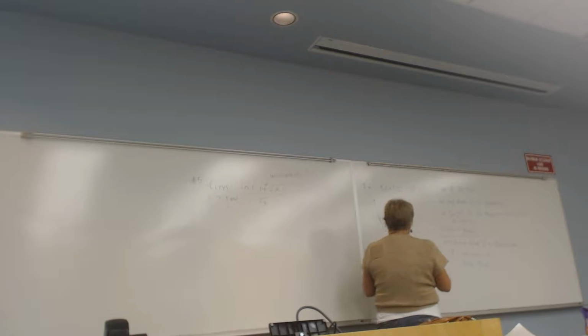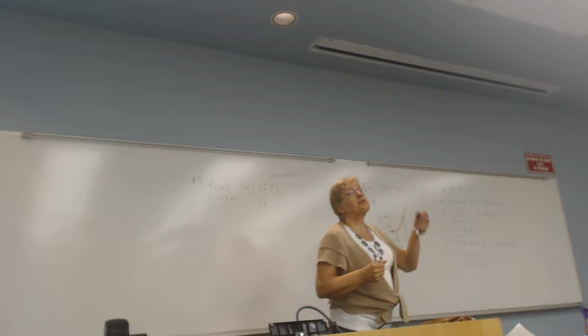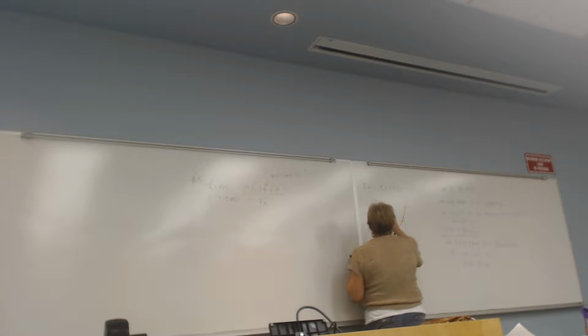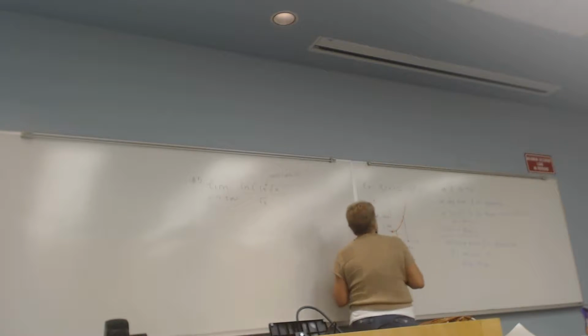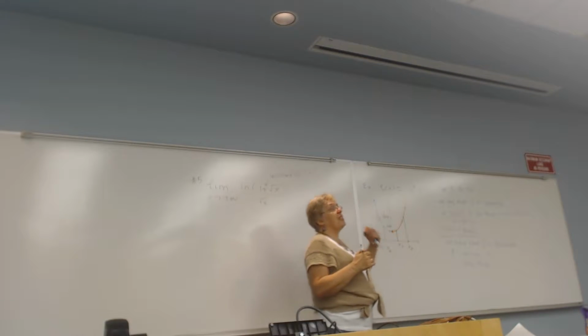On the other side of the parabola, exactly the opposite happens. If I have two values, x1, which is the smallest, and x2, which is the largest, you can see that the opposite happens.